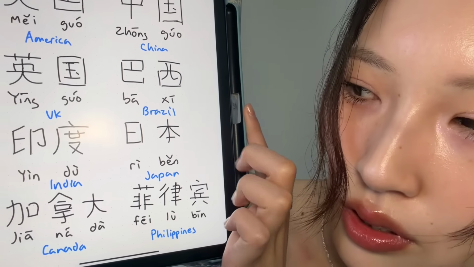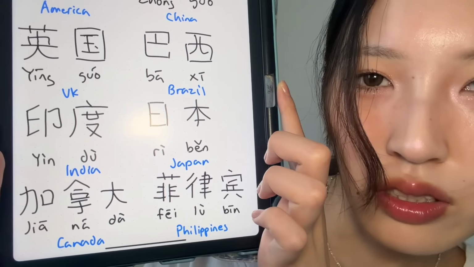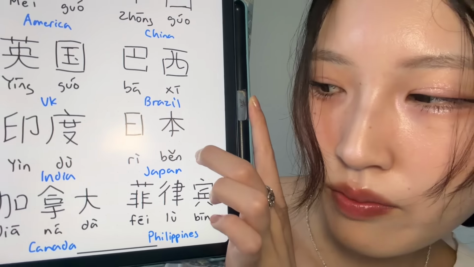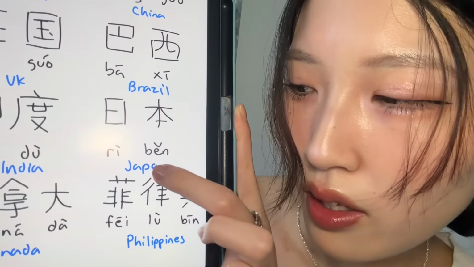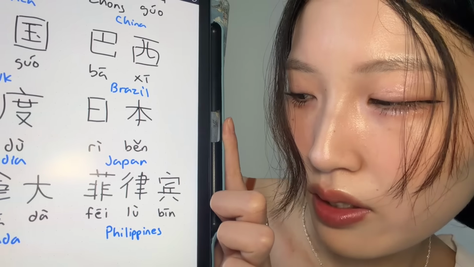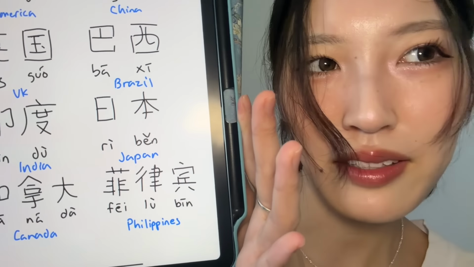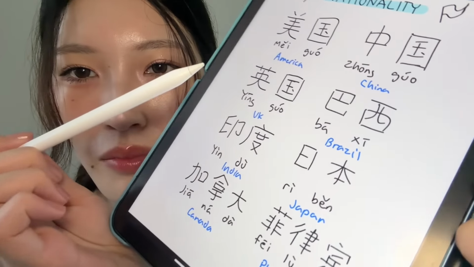And 印度, for India, 日本, Japan, 加拿大, Canada, and Philippines. See how all these also kind of sound like the American or English pronunciation? Okay, let's repeat these, okay?